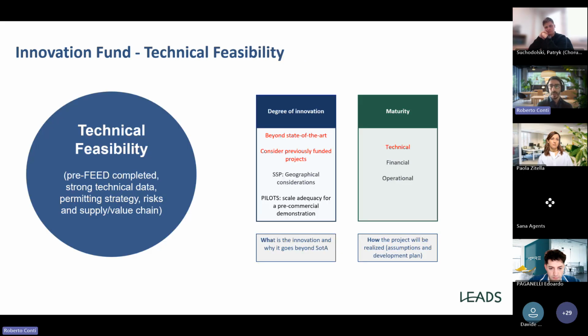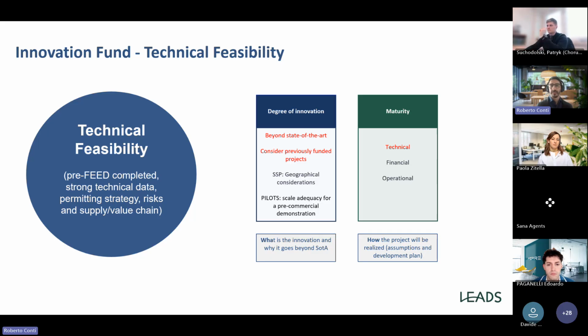But today, in this webinar, we will focus on the technical feasibility. In the series of webinars, we will have another webinar next month related to the GHG emission calculation, and then finally another one for the financial maturity and business plan aspects. So you can see the other aspects in the next webinars, but today the focus is on the technical feasibility.